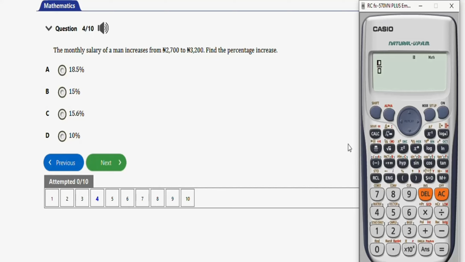So the difference there is 500, over the actual salary before the increment, that is 2,700 naira, times 100 over 1, because I'm looking for percentage increase. Press equal to. To put it in decimal, press SD. So we have it to be 18.5. The right option is option A, 18.5%. So that's it for this question.